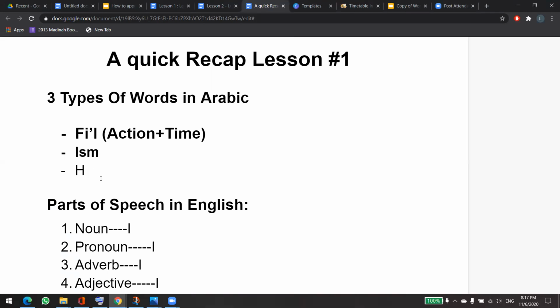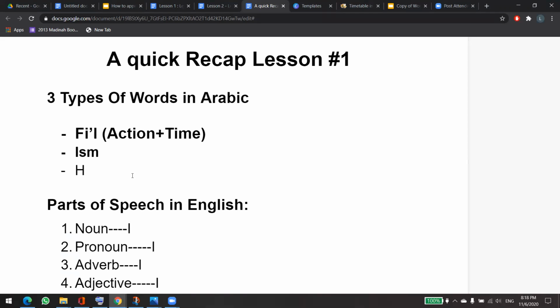If you find a word in Arabic and you examine it, you ask yourself first, is it a fail? Look at the word and translation. Is it action? If it's an action, is it telling you time also? Then it's a fail. But if it's not an action, then you ask, is it an ism? Second step, is it an ism?